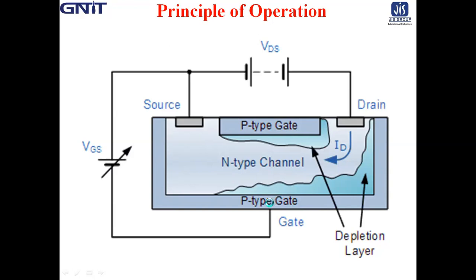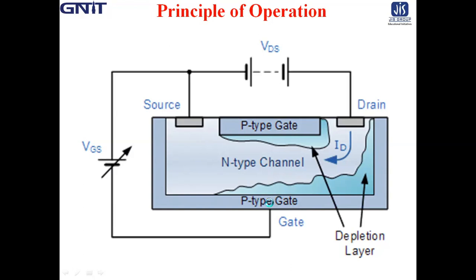Thus, the reverse bias voltage between the P plus gate and N channel will vary at different points along the channel from a minimum at the source end to a maximum at the drain end. Therefore, the depletion region width increases with increasing reverse bias voltage.